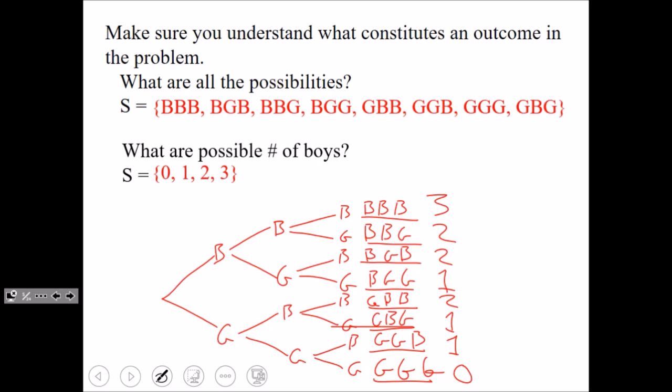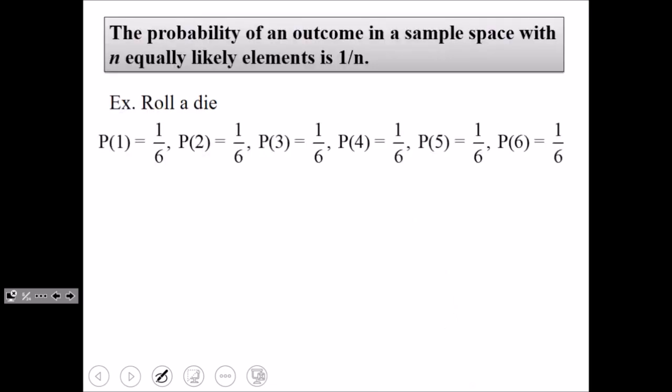Use a tree. Now, if everything in the sample space has the same chance of happening, then the chance of that event is 1 out of n. 1 out of how many different outcomes there are. So in this case, it wasn't happening, but if I was rolling a die, well, the chance of getting a 1 is 1 out of 6. Chance of getting a 2, 1 out of 6. Chance of getting 3, 1 out of 6. Chance of getting 4, 1 out of 6.